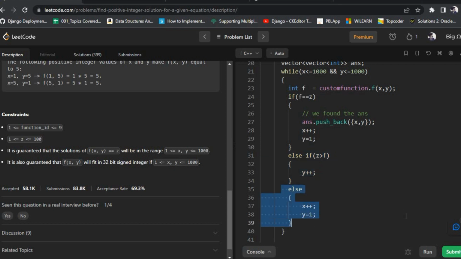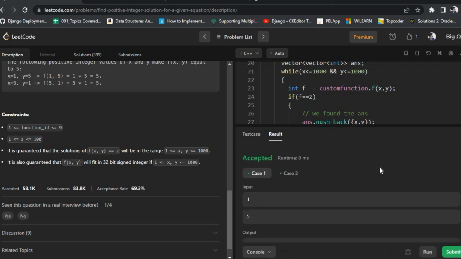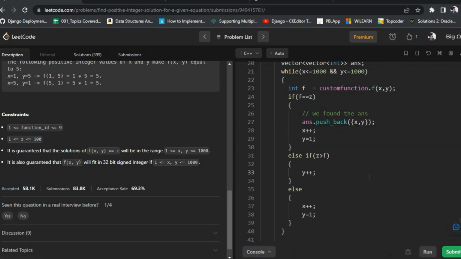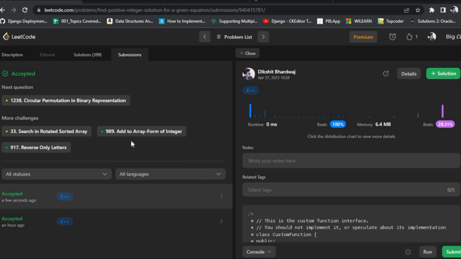So we made the mistake of not putting else here, so we correct it. Now let's run this. Yeah, we got the correct answer for the two test cases. Let's submit the answer. Yeah, now we found the correct answer. Okay, so thank you.